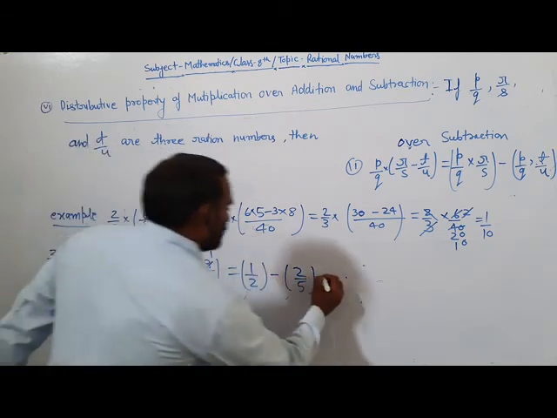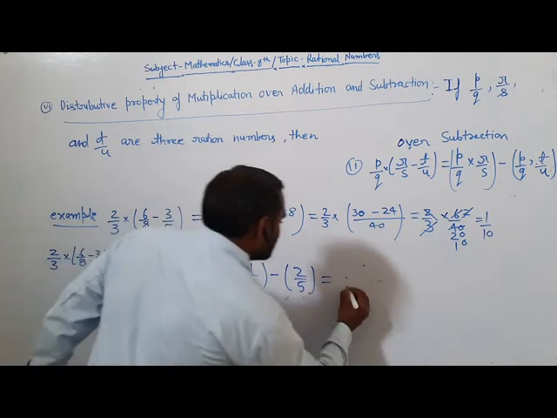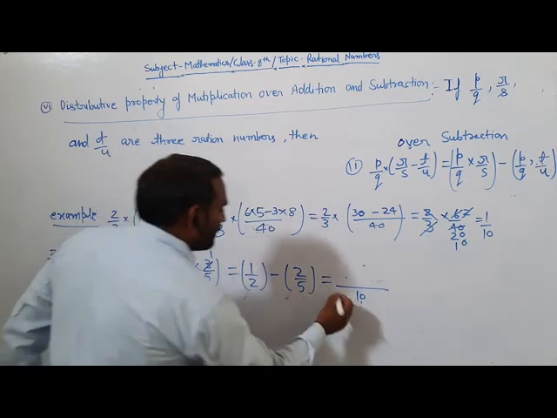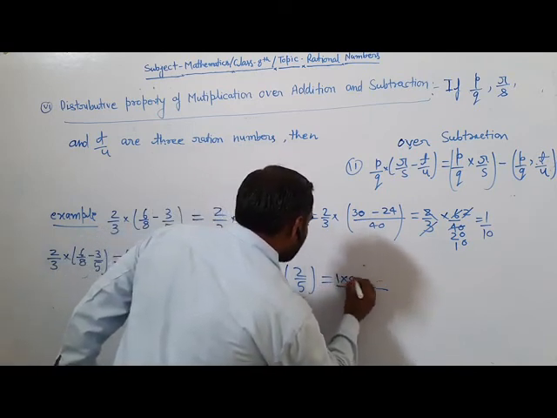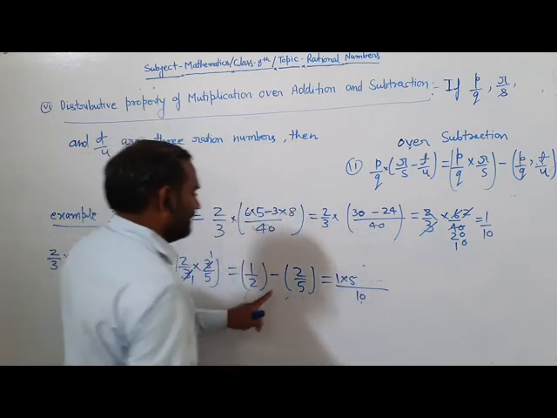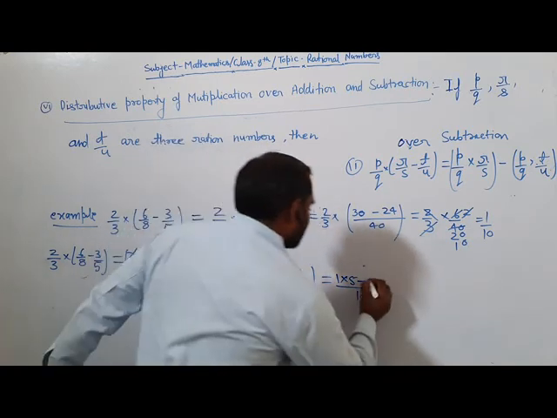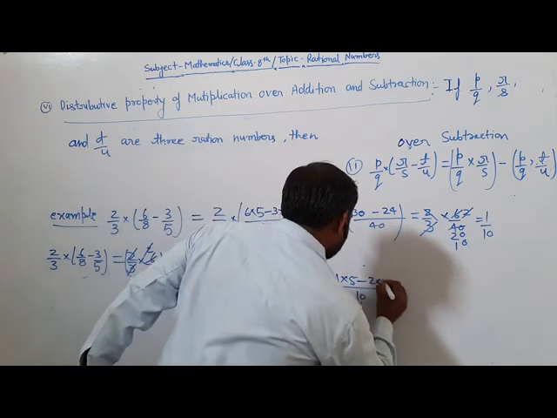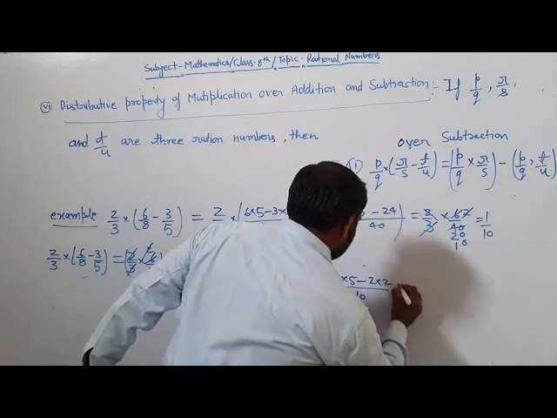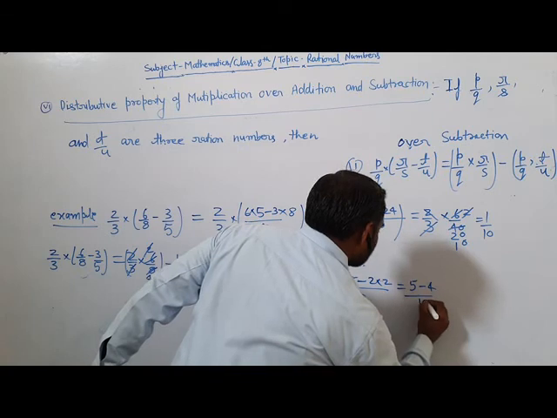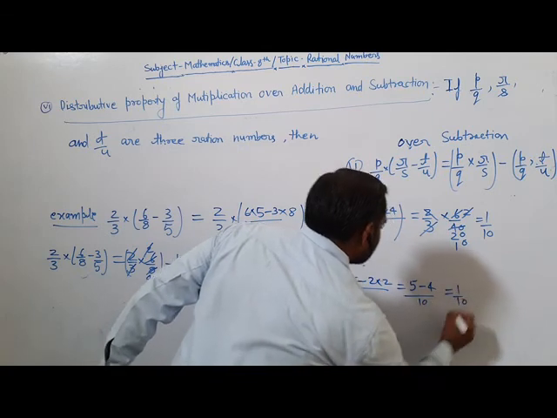Here the LCM of 5 and 2 is 10. Divide 10 by 2, 5: 1 into 5, 5 minus divide 10 by 5, 2: 2 into 2. We get 5 minus 4 by 10. So we get 1 by 10.